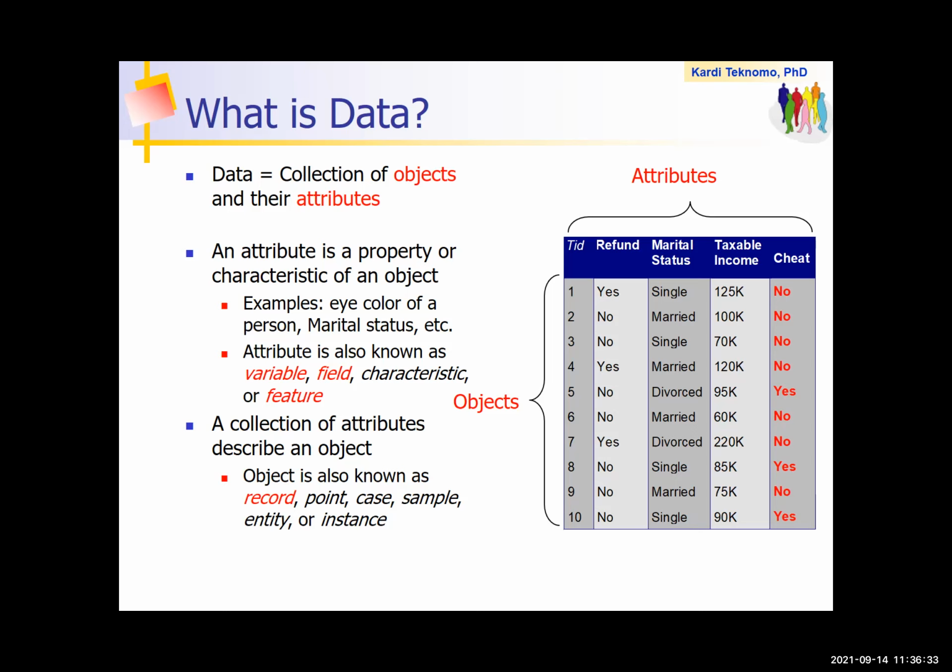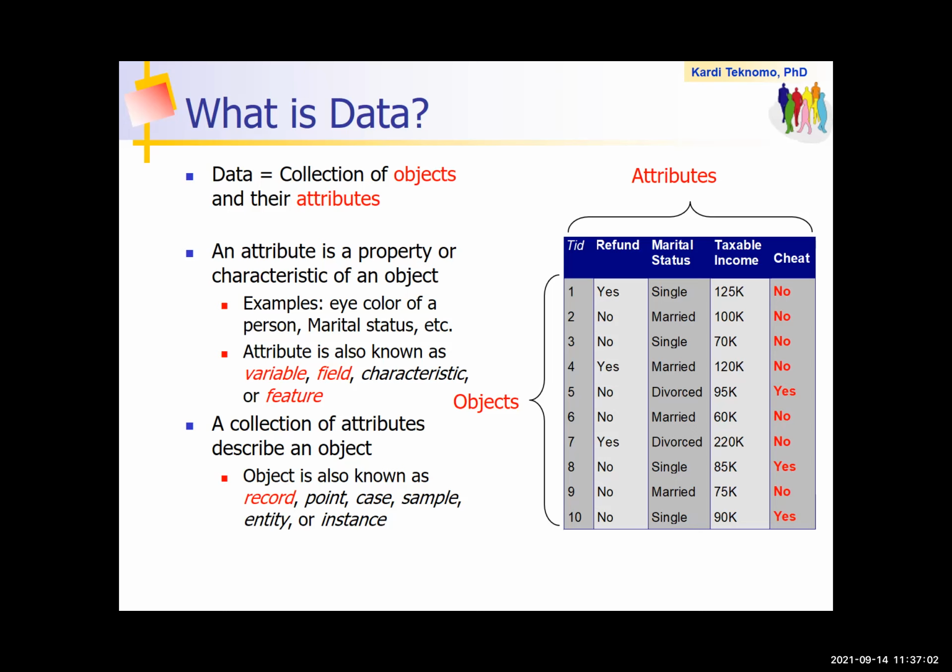An attribute is a property or characteristic of the object, for example the eye color of a person, marital status, and so on. Sometimes we say variable, field, characteristic, or feature. Feature, attribute, variable, field, characteristic are all the same. Basically, this is the column of the data table.